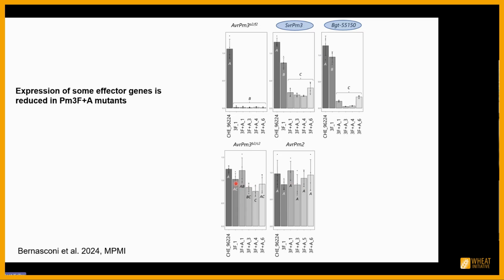And our hypothesis at the moment is that this gene that we identified, this BGT646, is a transcriptional regulator, direct or indirect, which controls the expression of a subset of effector genes. Certainly not all effector genes, but a subset of effector genes.